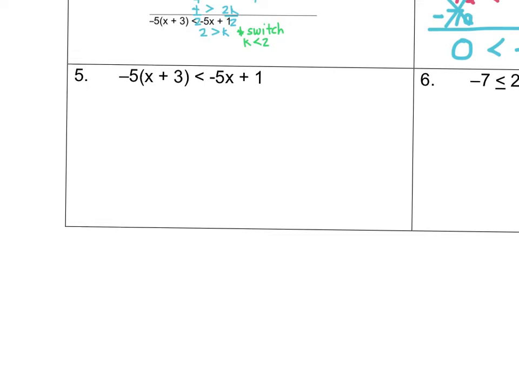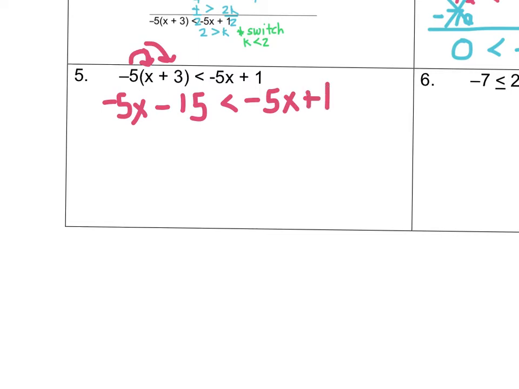Moving to number 5, first we'll use the distributive property. So we'll have -5x minus 15 is less than -5x plus 1. We'll combine any like terms, but there are no like terms.